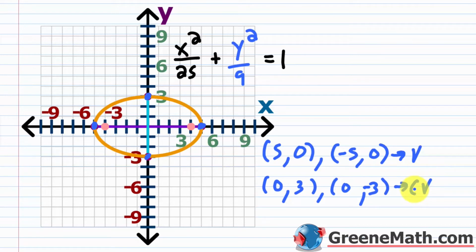Again, a lot to remember, just something you want to take for your notes. The longer one, that's the major axis. The shorter one, that's the minor axis.